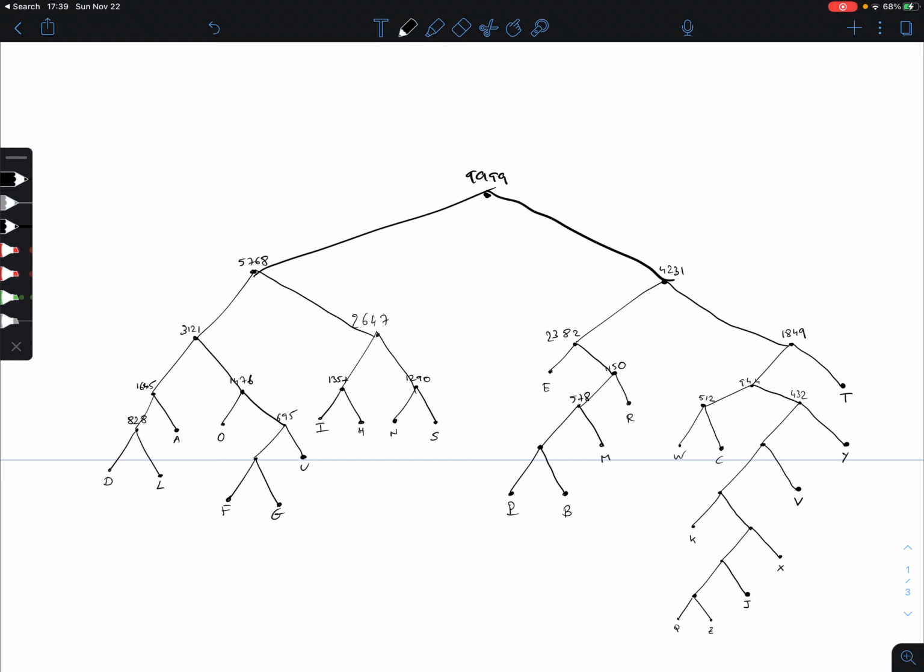Now, this is the first step. We have the Huffman tree, but we still have to make the code. First of all, the frequencies are no longer necessary, so I'm going to try to erase them. I don't know whether it will always work without destroying anything.